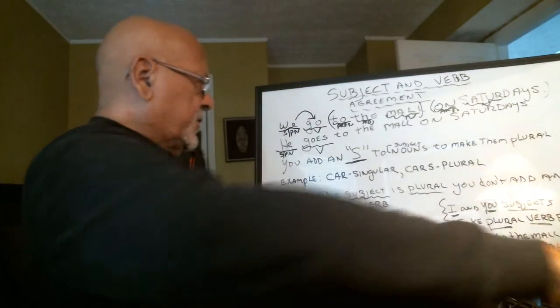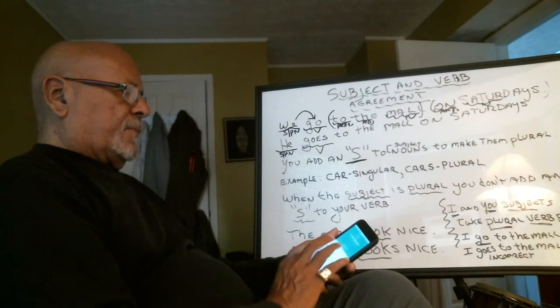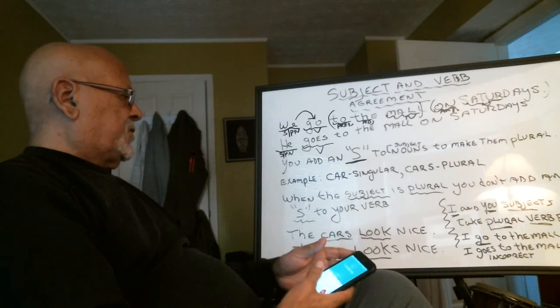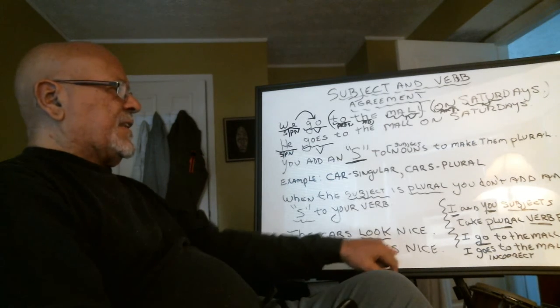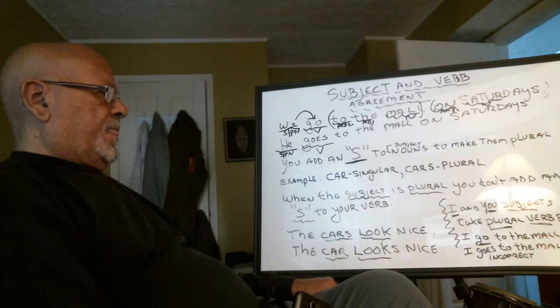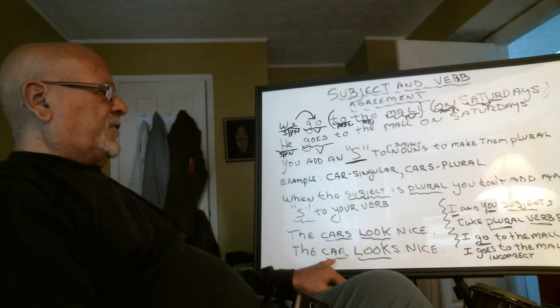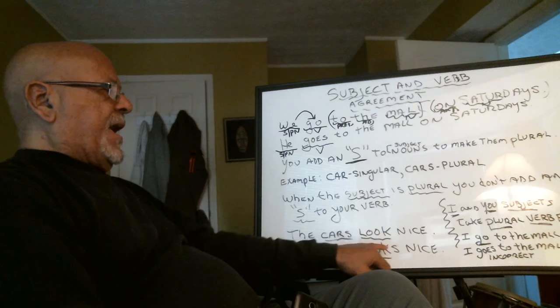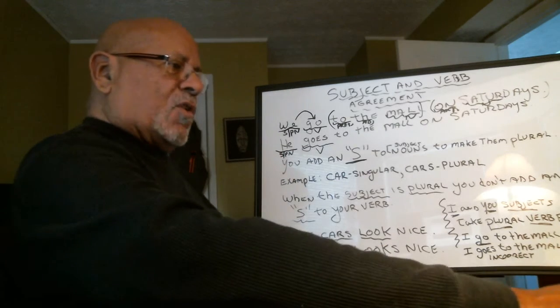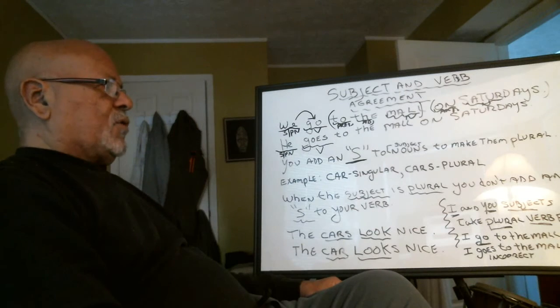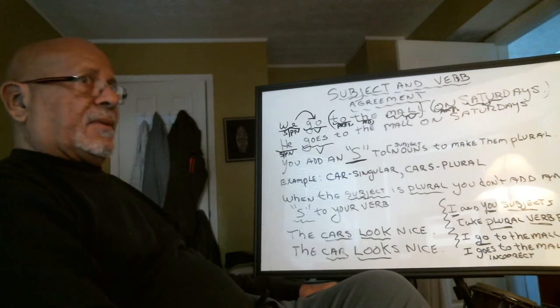Second sentence. The car looks nice. The car is singular. The verb has an S. So sometimes we add an S or an ES to the verb to make it singular.